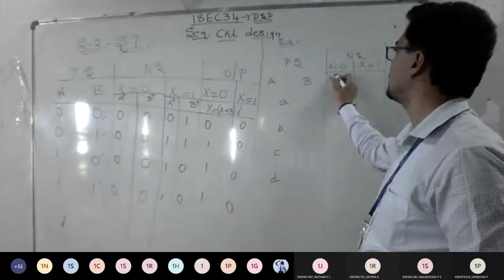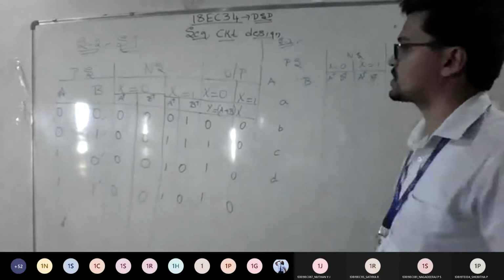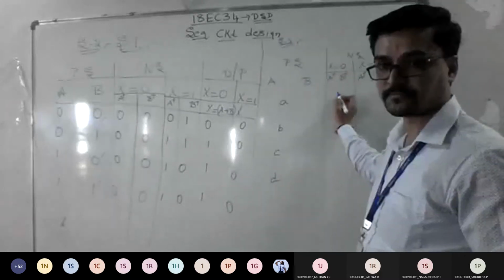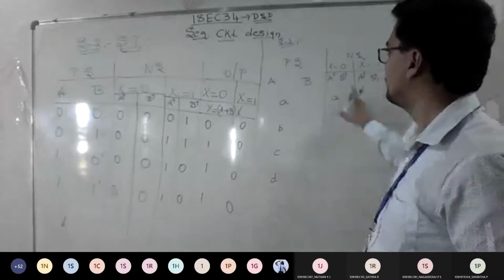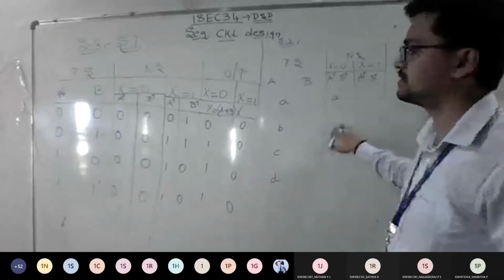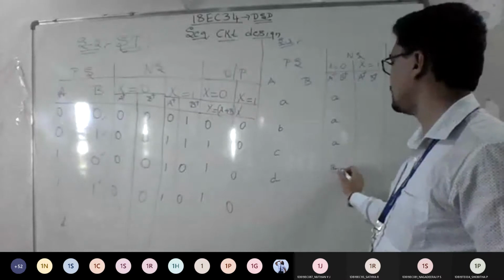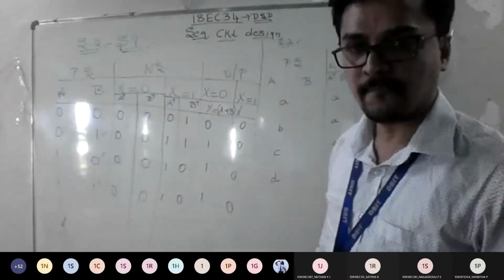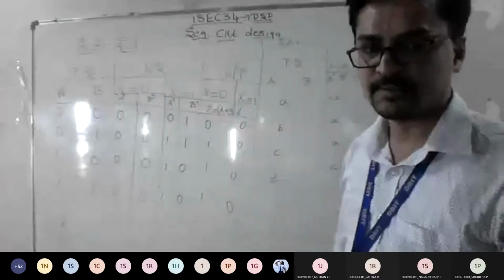Now tell me, 0 0 means what should I put here? A. Good. If the next is 0 0, again A. So the complete column is A only. Am I clear here? Yes, sir.